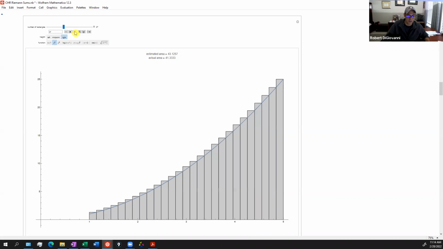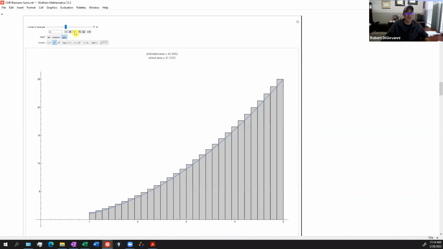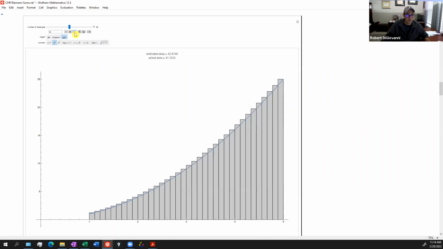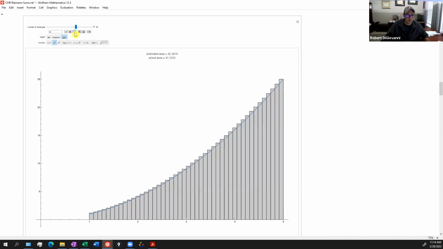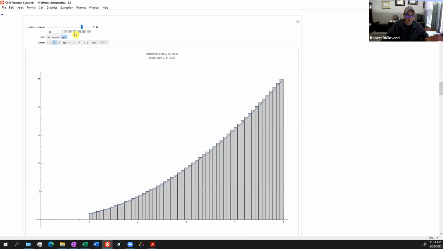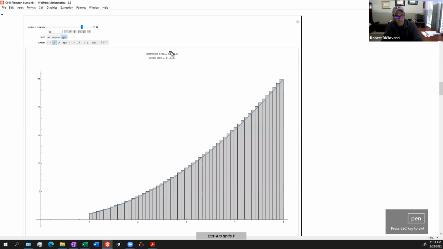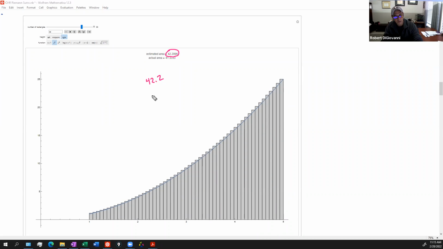Look at that error start to go away. I'm at 30 rectangles. Keep going. Let me go to 50 rectangles. Okay, I went too far. It's 55 rectangles. Look at the number here. Our estimate is 42.2. The true again was 41 1/3.